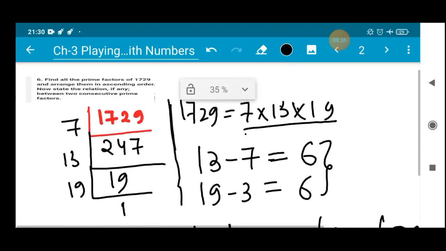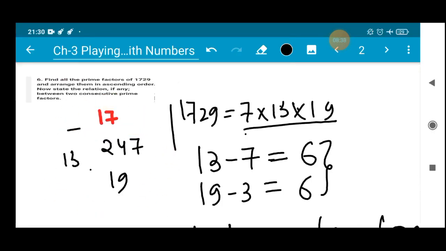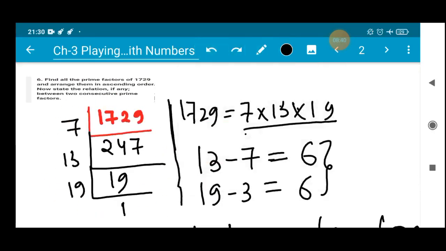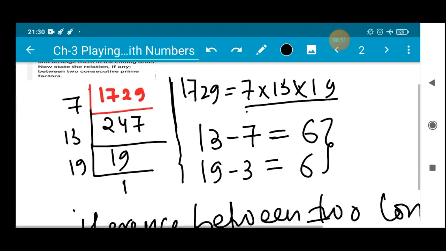So first of all, what we did, we found the prime factors of the given number, and they asked us to arrange this in ascending order. Ascending means smaller to bigger. So 7 is the smallest one, then comes 13, then 19. This was the first part, and the second part is this, in which they asked us to arrange in ascending form.